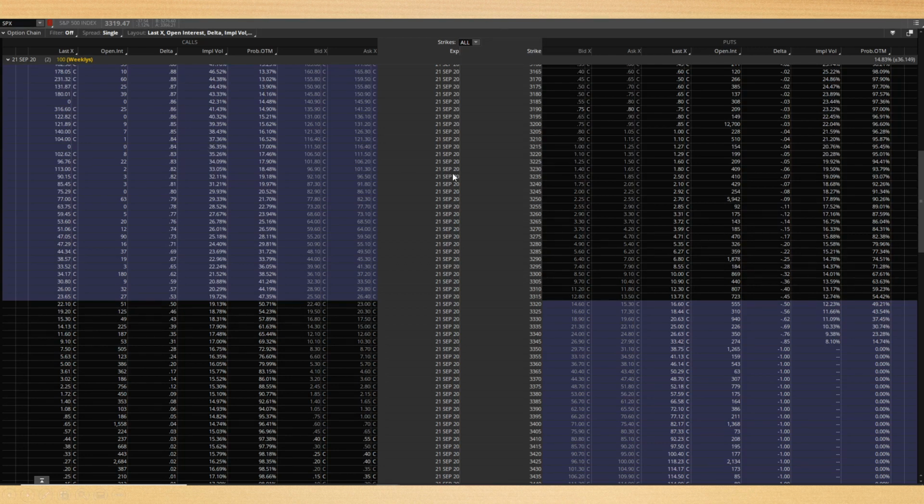So let's move to the right here. Strike price. You heard me talk about it before. Strike price is the pre-agreed price per share at which stock may be bought or sold under the terms of an options contract.